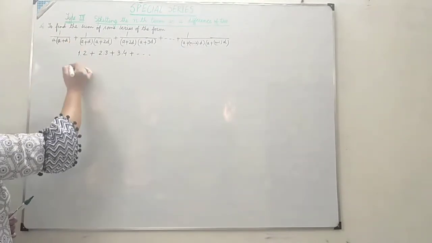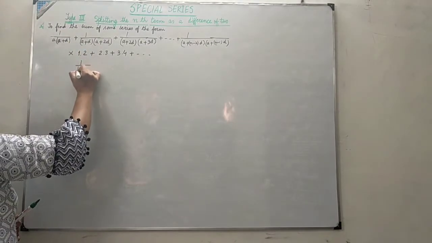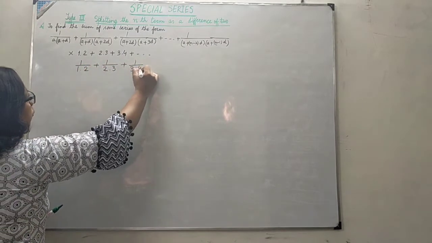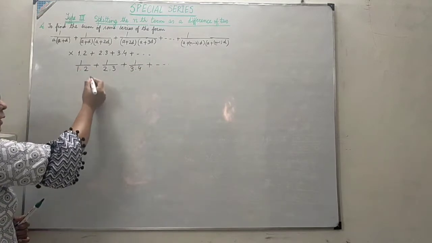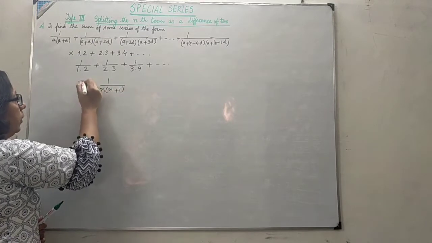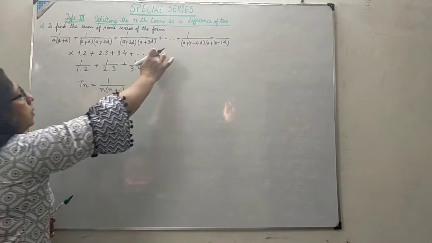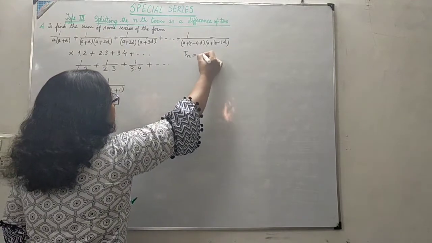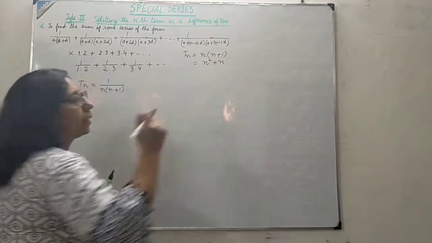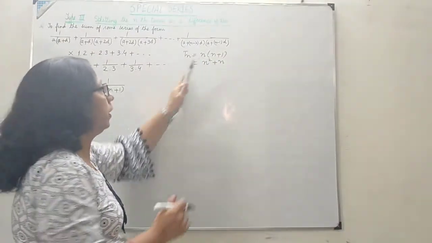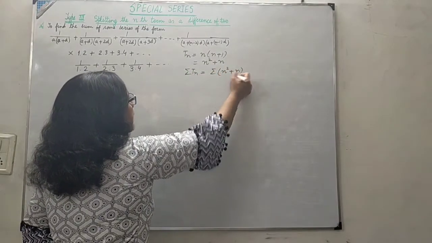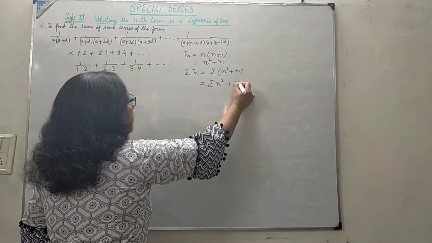But if, instead of this, we have 1 upon 1 into 2 plus 1 upon 2 into 3 plus 1 upon 3 into 4 plus so on, and I write it as 1 upon n into n plus 1, say Tn, then as earlier, I could simplify it as n square plus n, and then apply the sigma over Tn.